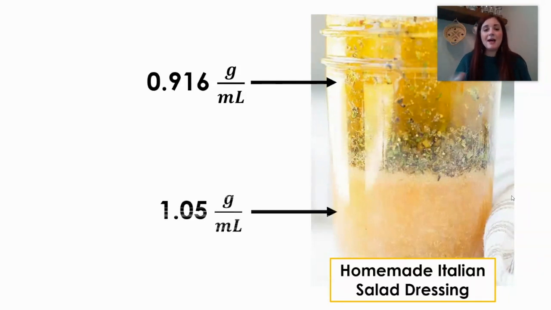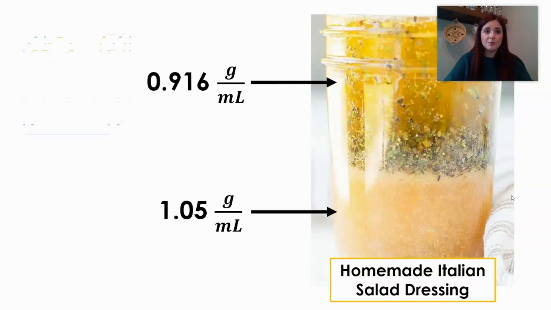The vinegar on the bottom, however, has a density of about 1.05 grams per 1 milliliter. So per that amount of volume, per 1 milliliter, the oil has less mass given that amount of space, whereas the vinegar has more mass given the amount of space.